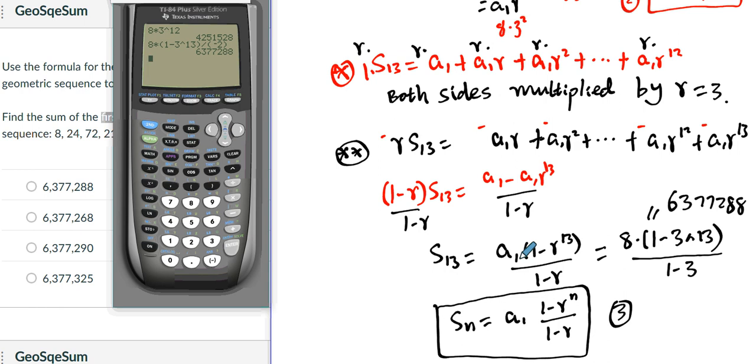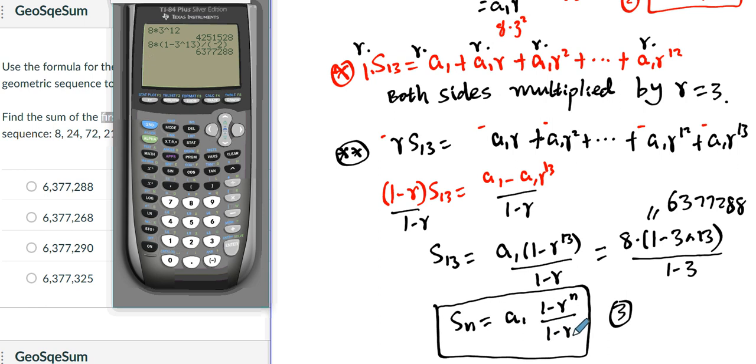But there is an initial term 8 right here. And then in general, we have this formula, which is Sn equals A1 times 1 minus r to the n, and then the whole quantity divided by 1 minus r. Okay?